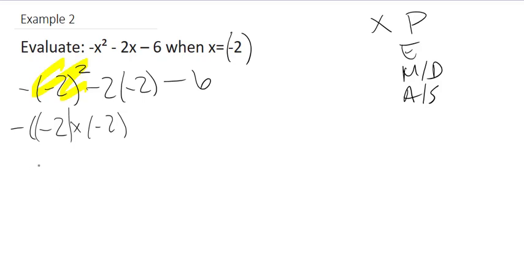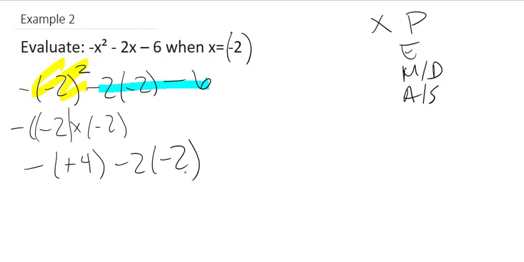So we will write below negative plus 4. And then now let's carry over our last two things that we have to finish as well, which is minus 2 in parentheses (-2), which is multiplied, and then minus 6.